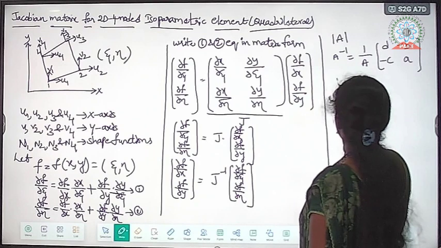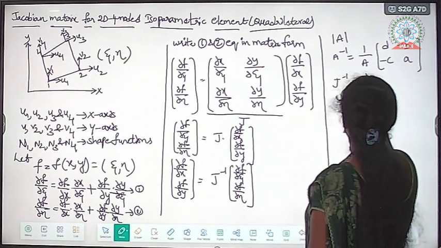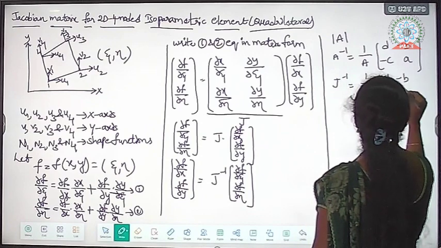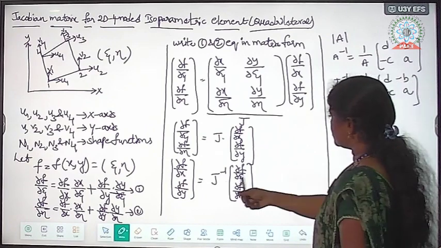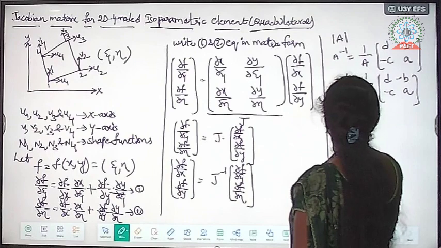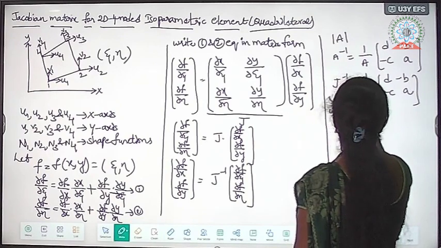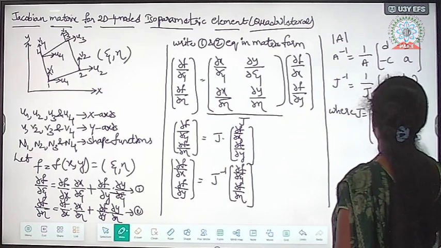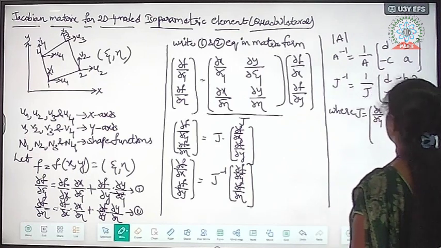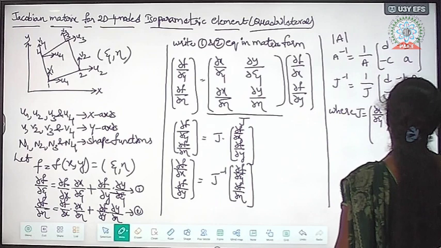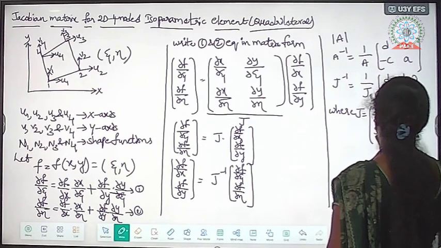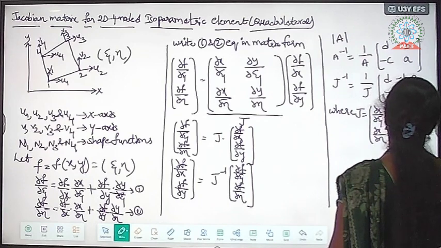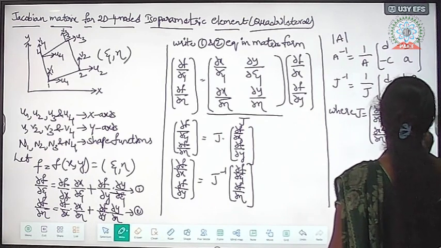For J inverse, it is 1 by determinant of J into D, minus B, minus C, A. Here J is the J matrix: dou x by dou xi, dou y by dou xi in the first row, and dou x by dou eta, dou y by dou eta in the second row. This is the J matrix.